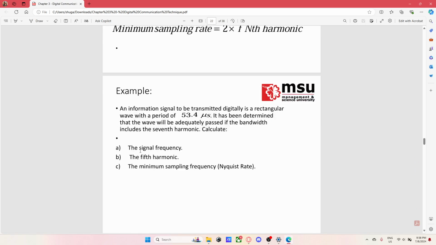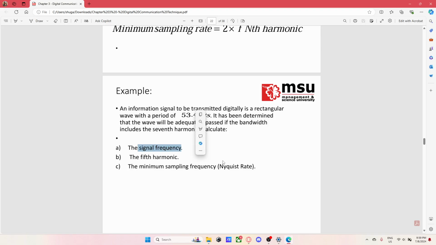Okay, as you can see from this example, an information signal transmitted digitally is a rectangular wave with a period of 53.4 microseconds. This is your time. Okay, it has been determined that the wave will be adequately passed if the bandwidth includes the 7th harmonic.